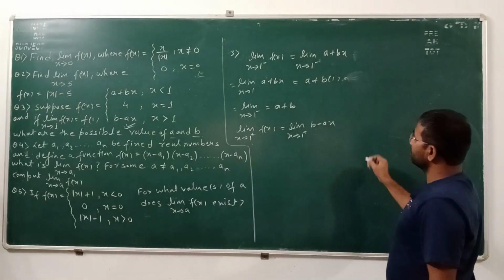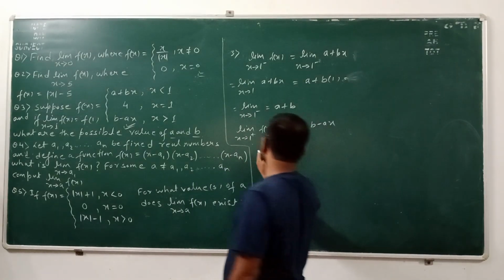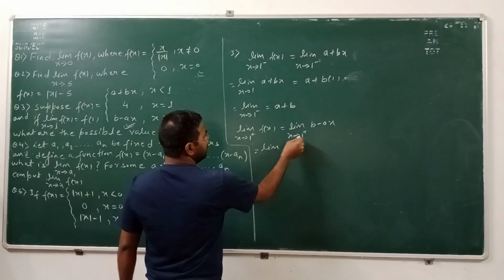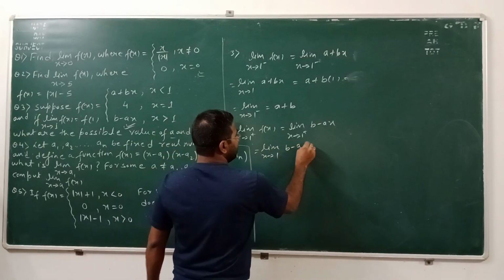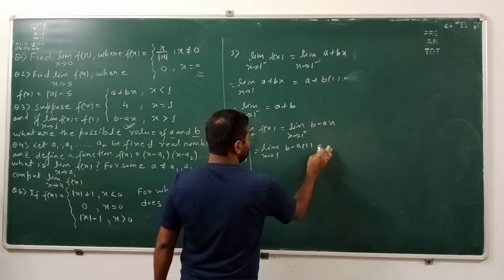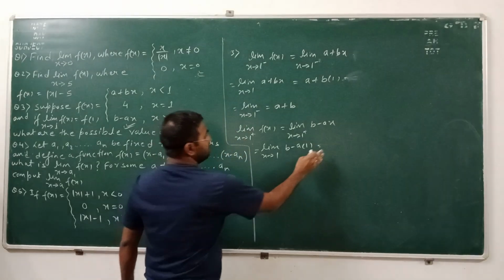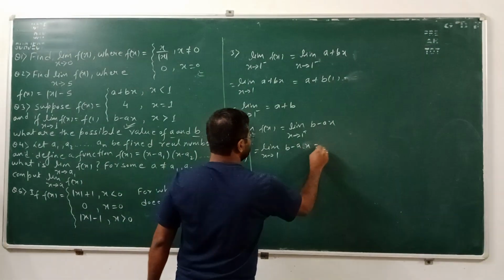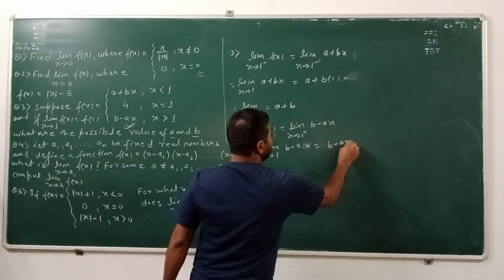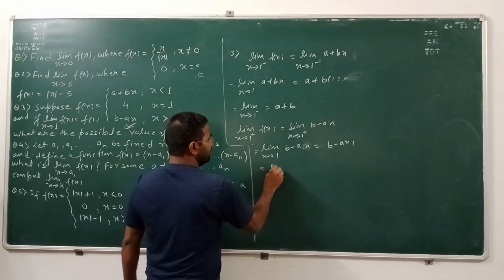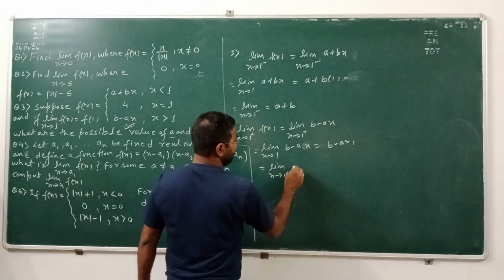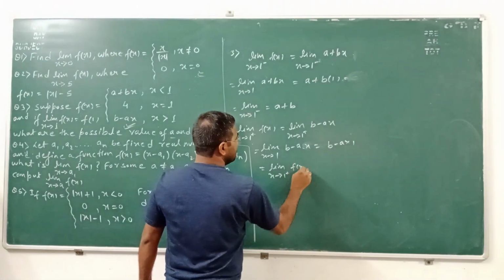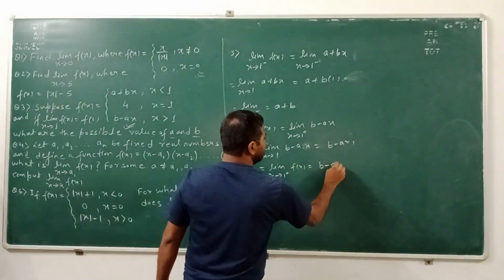After this, you have to put 1 only, so b minus a into 1. So the limit as x tends to 1 positive of f(x) will be b minus a.